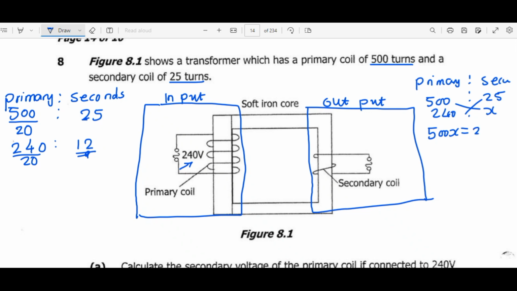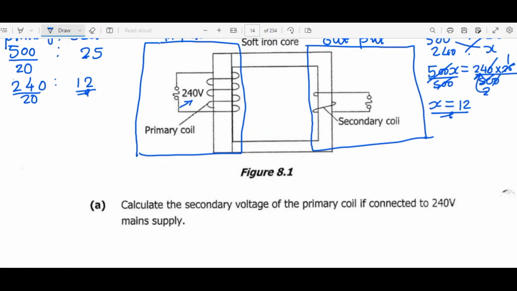Then this will give us 240 times 25. We divide by 500 and also here by 500. So if we cancel, we have x is equal to, cancel this 0. 25 into 25 is 1. 25 into 50 is 2. 2 into 24, we still get the same value of 12.